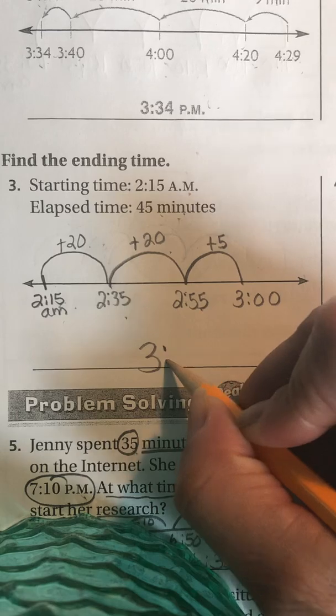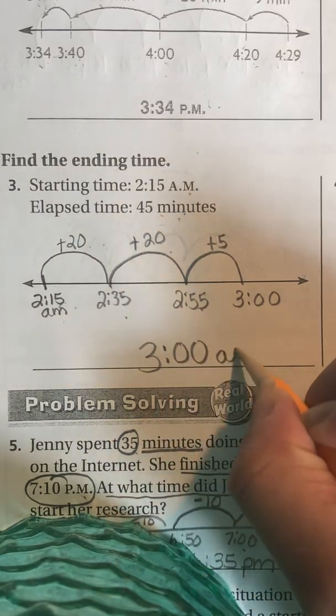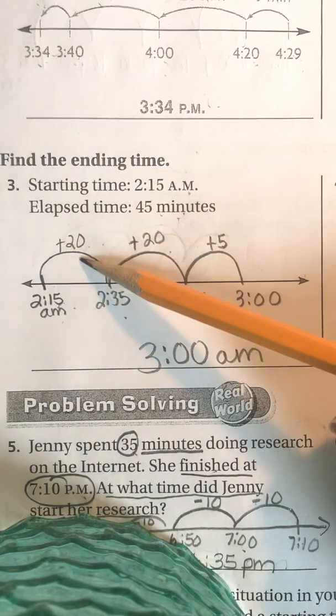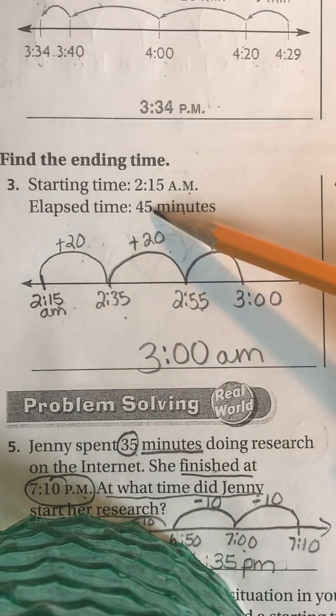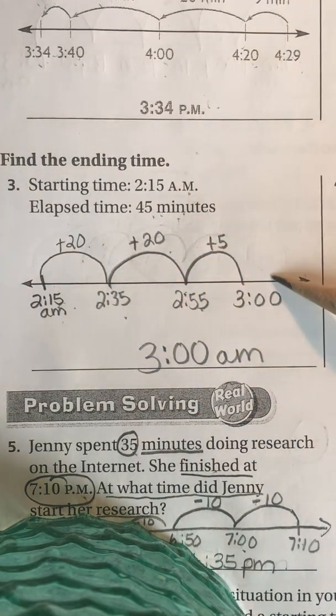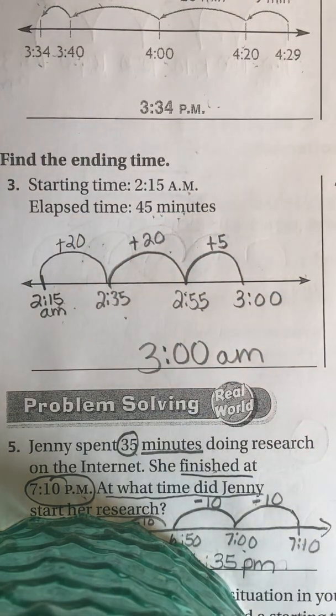So your answer should be 3 o'clock a.m. How did I get that? I added 20, 20, and 5, which takes me to the 45 minutes of elapsed time. I jumped that on this number line, and I got to 3 o'clock. All right, so you could have done that for your homework when I assigned it to you on Monday. You should be checking this over now to see if your answers are correct.